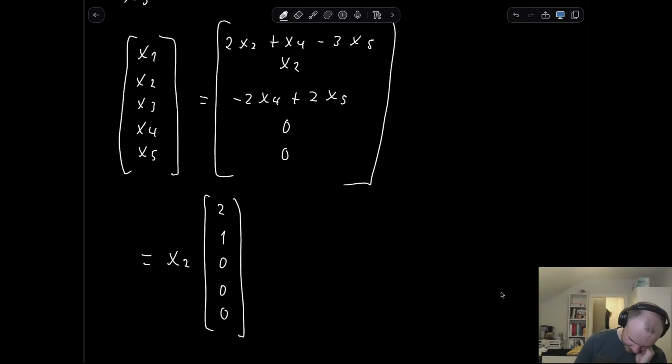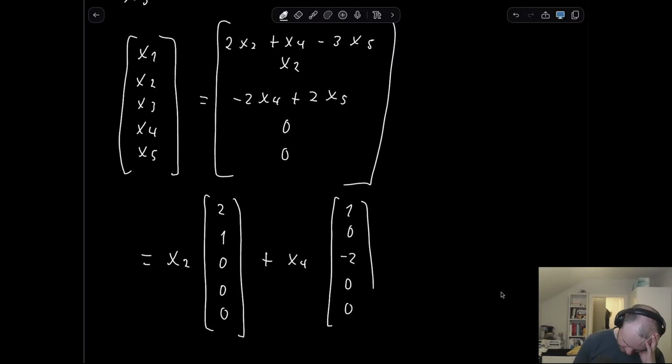Then I have, of course, plus the next one, which is x4, times the vector 1, 0, minus 2, 0 and 0, right? Then I have plus x5 times the vector minus 3, 0, 2, 0, and then 0.